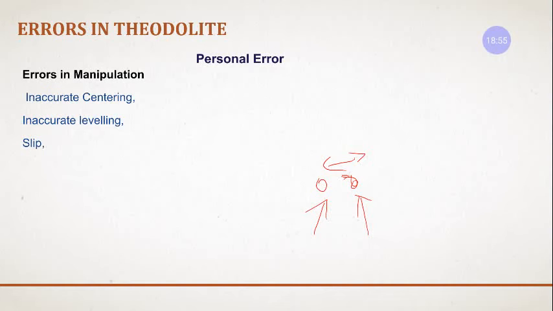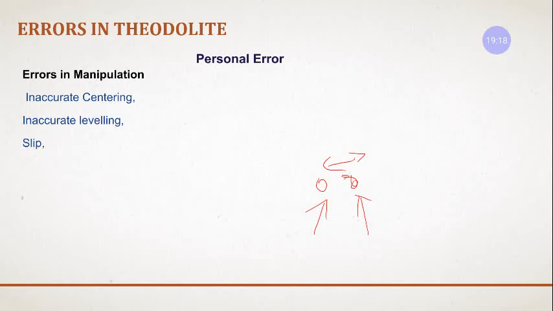The slip, right? This is something when you are using the theodolite and by mistake or while doing some processes of leveling and temporary adjustments, you just push the theodolite.